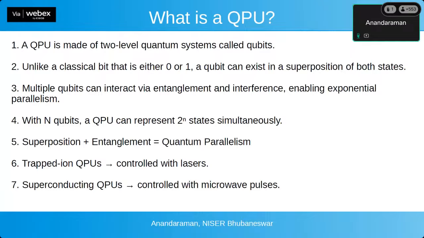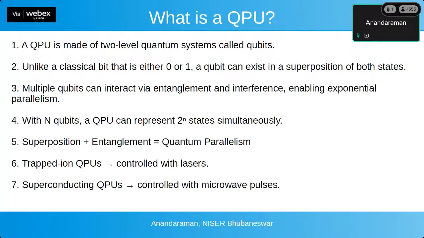With n qubits, a QPU can represent 2 power n states simultaneously. If it is 3, 8 states; 4, 16 states; 5, 32 states; 6, 64 states, like that. So superposition plus entanglement equals quantum parallelism.